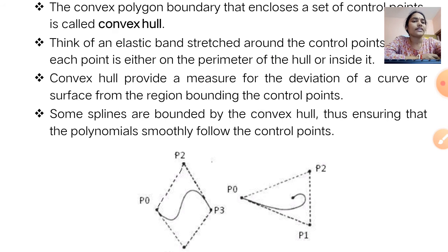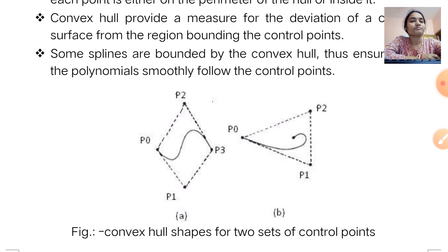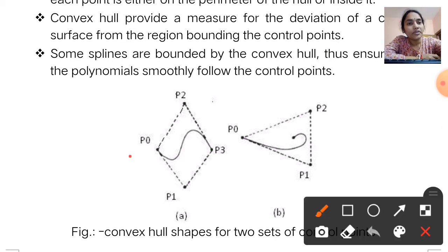In this figure there are 4 control points: P0, P1, P2, P3.